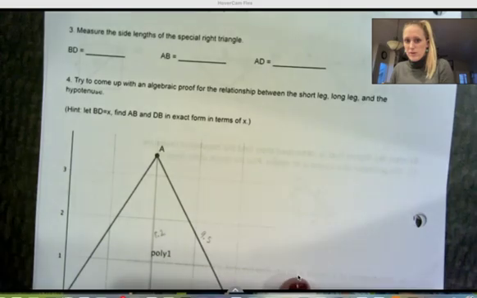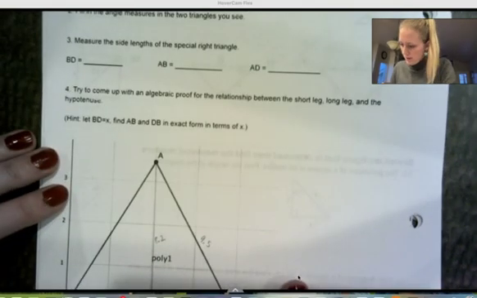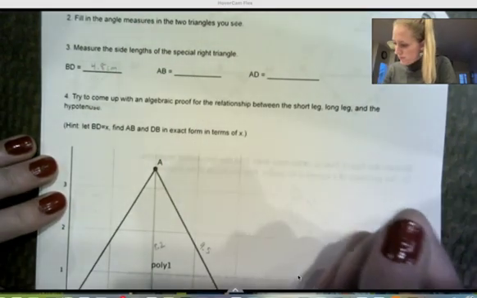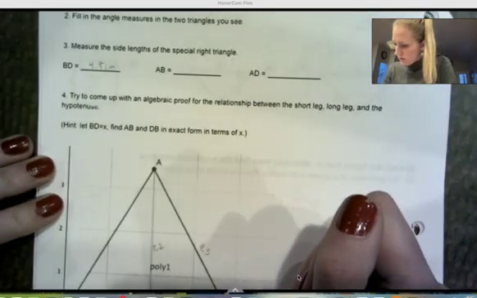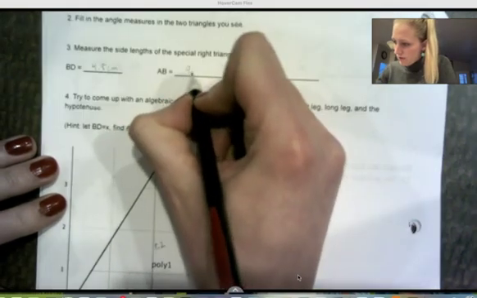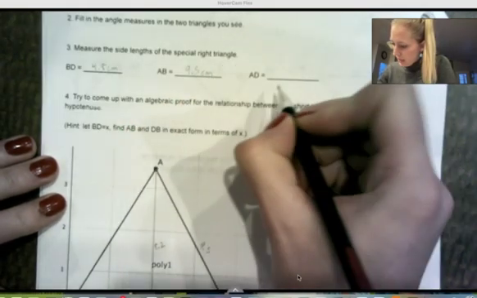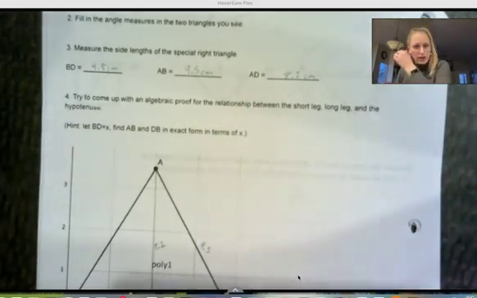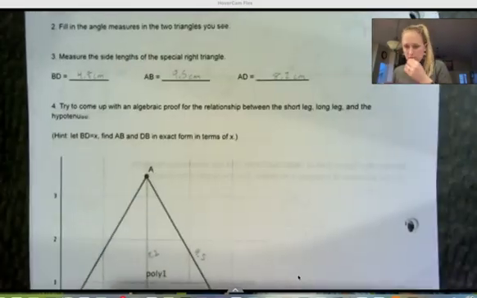This is all in centimeters, so my BD was about 4.8, AB is about 9.5, and AD 8.2. Granted there might be some human error here, these are approximations, but pretty close using centimeters.